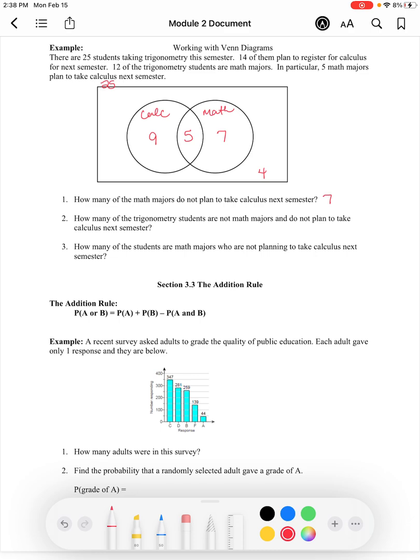That would be 7. How many of the trig students are not math majors and do not plan to take calculus? That would be the 4. How many of the students are math majors who are not planning to take calculus? Which is the same question as 1, which is 7.